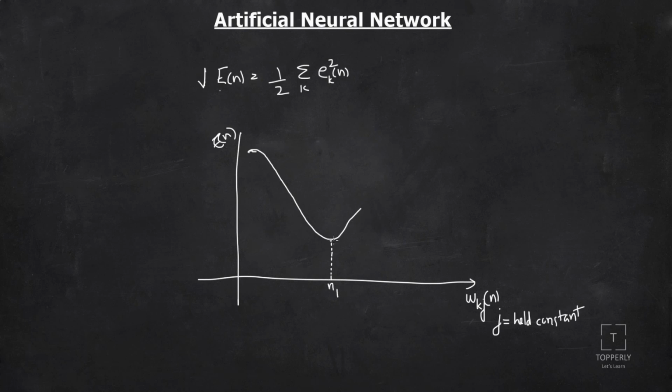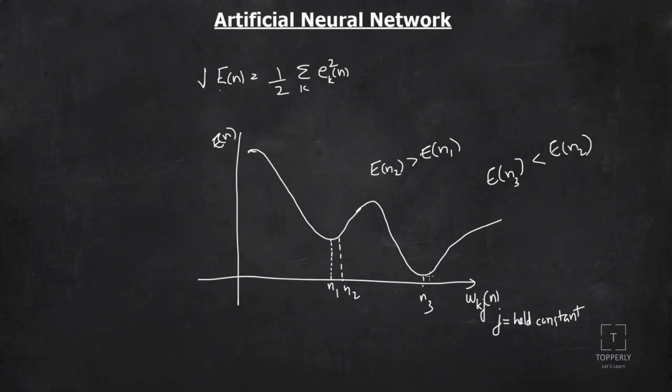Now if we take the next iteration, that is n2, we can see that e of n2 is greater than e of n1. So the learning process assumes that we have reached the lowest point at n1 and terminates the learning process. But if we extend the graph, we may get another point which is even lower. Let this be n3. And the error function e of n3 will be less than e of n2.